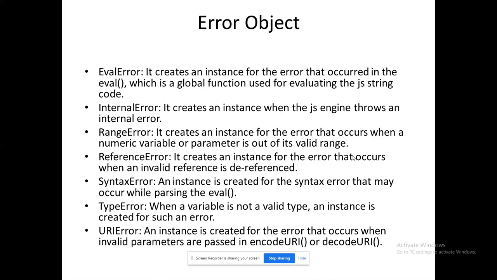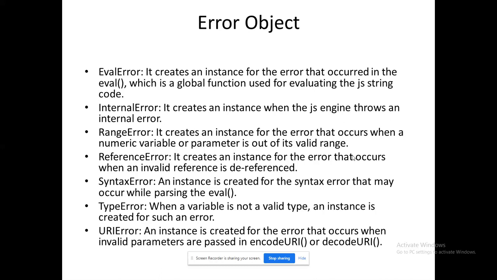Next, type error. The type of data I store in the variable must be relevant to the data type I have used. If it violates this condition, it will generate a type error. URI error, uniform resource identifier. This occurs when we are ready to access a remote location, and we communicate with that method using URI parameters only.